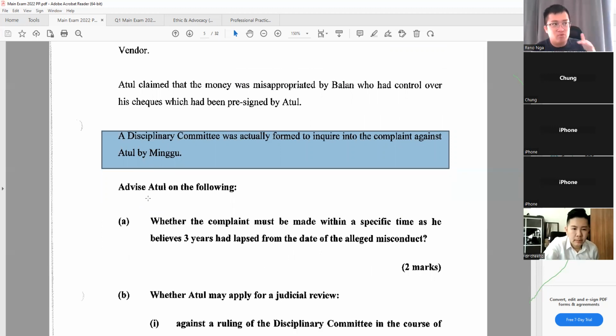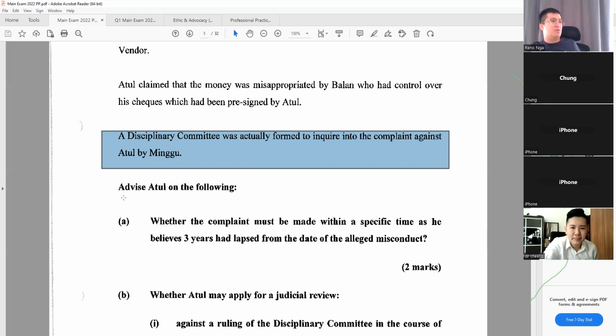Please do remember disciplinary committee I short form call DC and disciplinary board I short form call DB. They are not the same. Basically DB is the boss. The boss asks the DC to go and do investigation. So DB is the boss, DC is not the boss. DC is just a panel, a group to do investigation only.